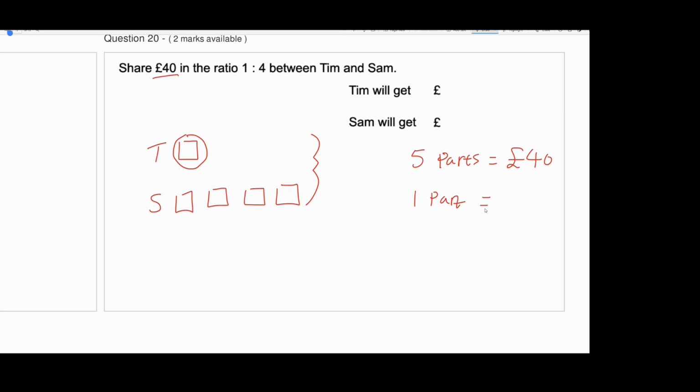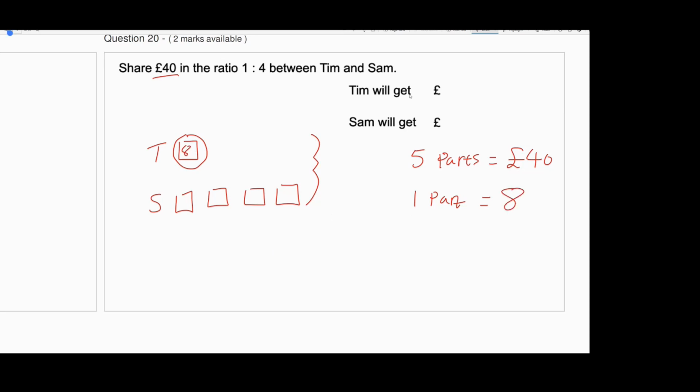How much is 1 part going to be worth? It's going to be 8. Brilliant, because you just have to do 40 divided by 5, which is 8.